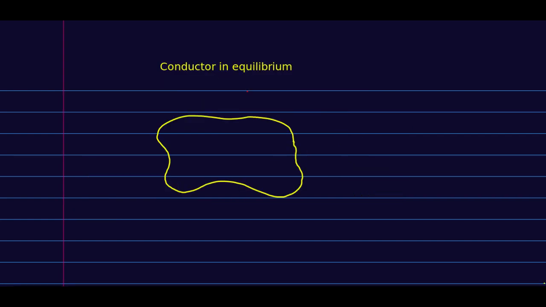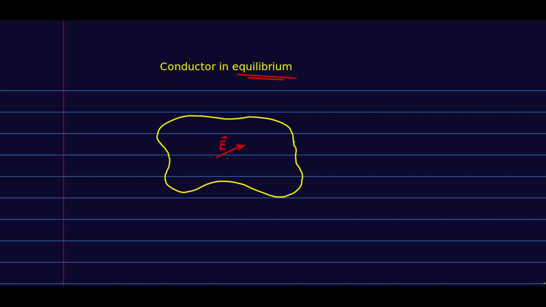To finish up, let me just talk briefly about a conductor in equilibrium and what the E fields are like in and around it. And let me clarify what equilibrium means here. It means that the charges in this conductor are not moving around. So think about what would happen if there was an E field inside the conductor.